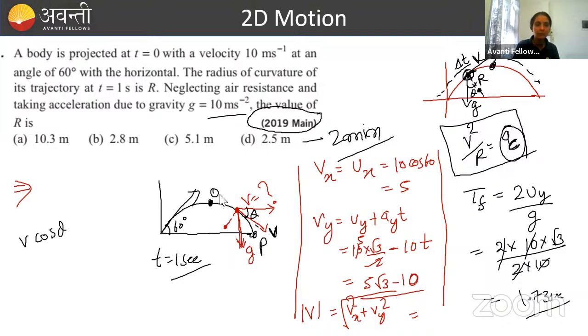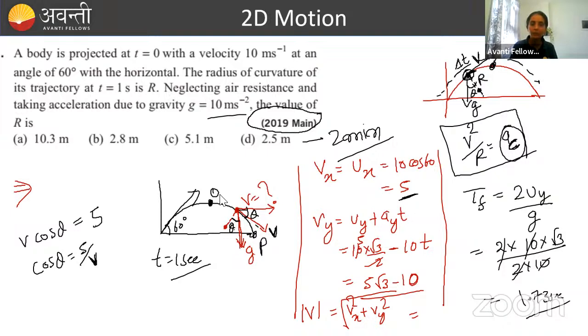So V cos theta will be equal to the horizontal component of velocity. And the horizontal component of velocity is how much? 5. So compare it with 5, and from here you will get cos theta, that is 5 by V. So you can easily see what theta will be. If you can calculate theta, you can calculate g cos theta, because this angle will also become theta.